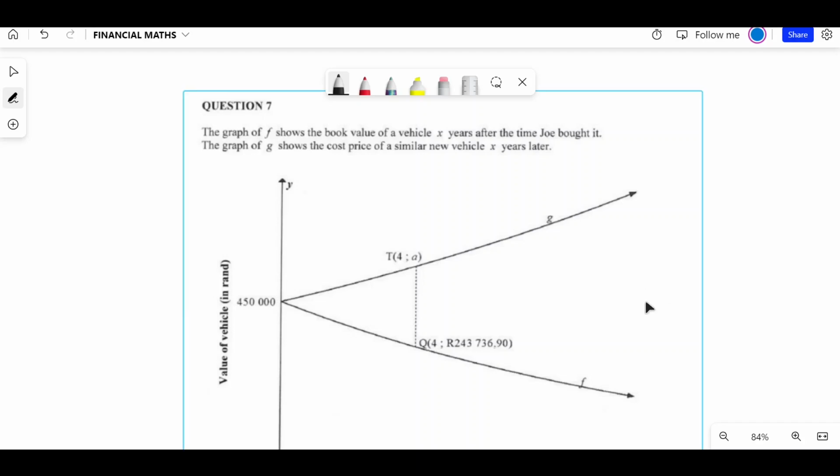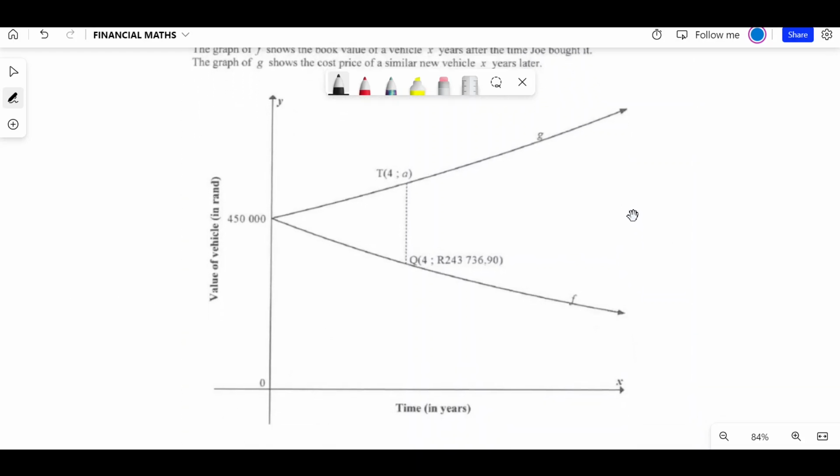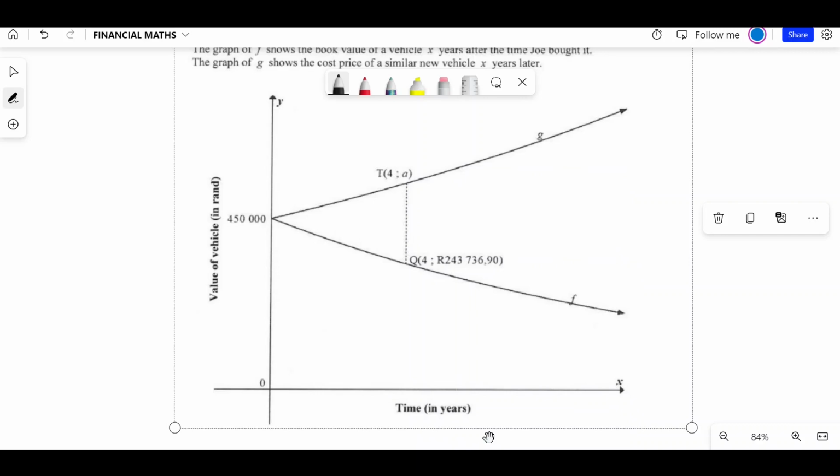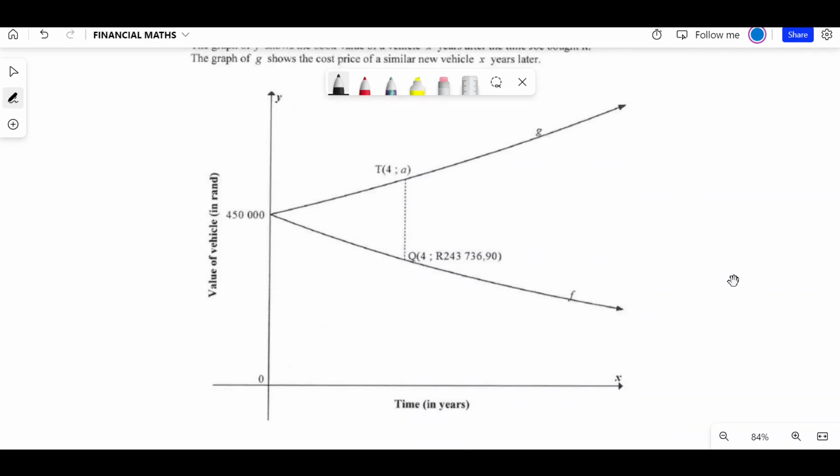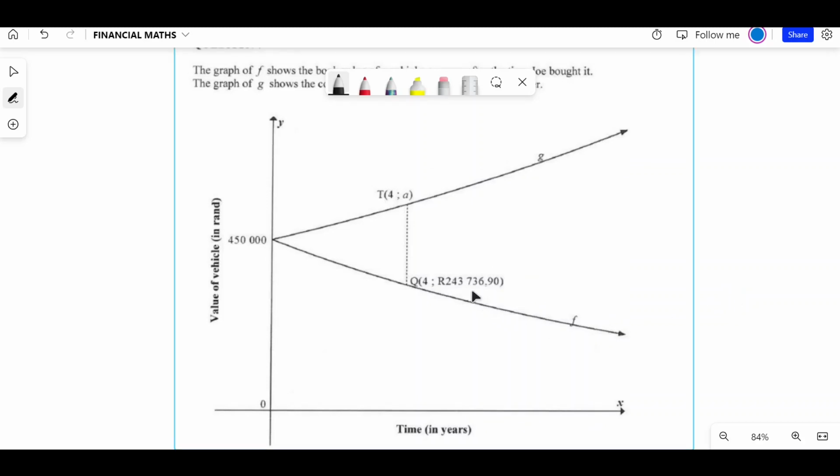Okay, everything is given in a graph here. The x-axis shows the time, x years later, for a similar vehicle. So this is the graph of F and G. For example, here the 4 on the x-axis is the time, which means after 4 years, A is the value of the vehicle.